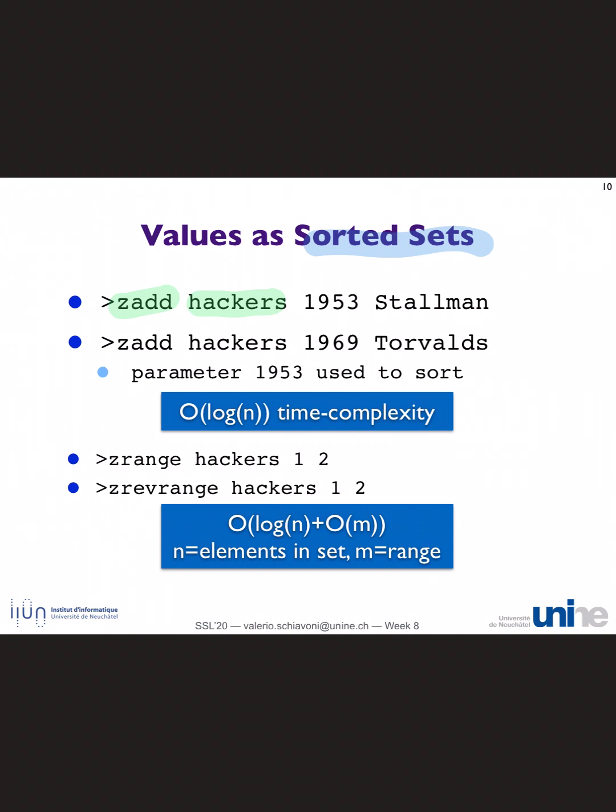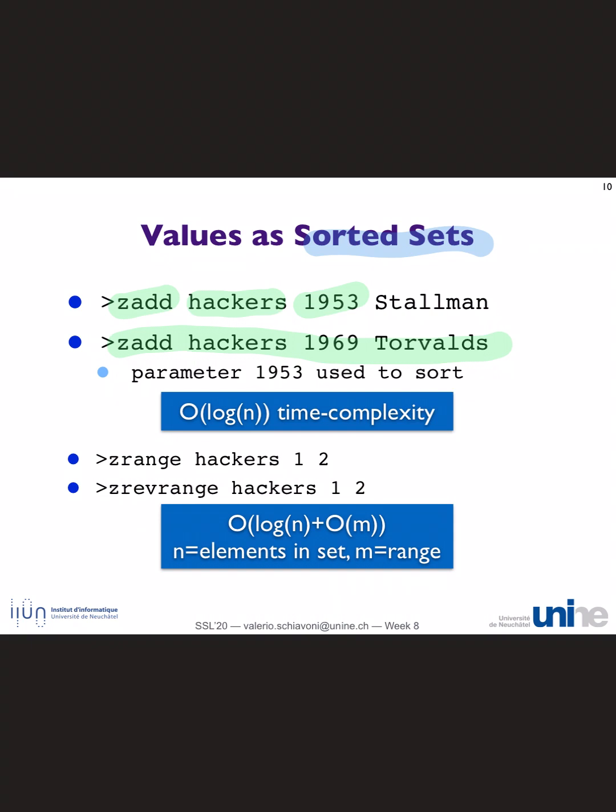And then we use a score, or a metric, that is used to sort those entries. In this case it is year of birth, and then here we see how we add another entry for another programmer.